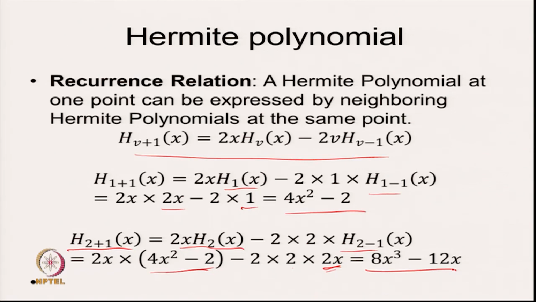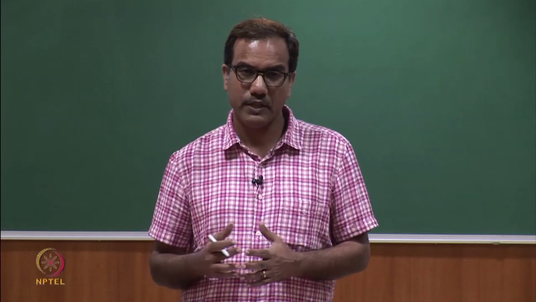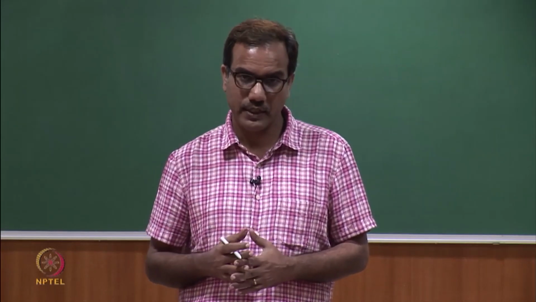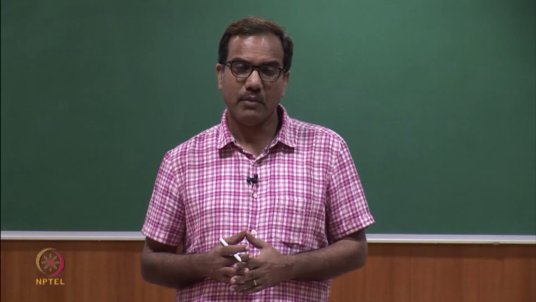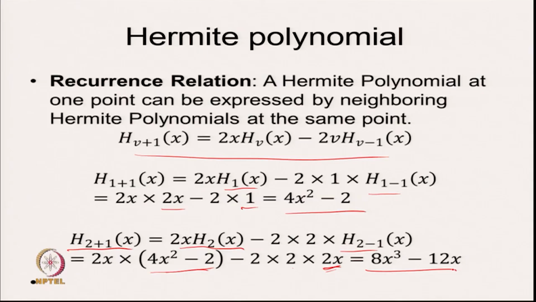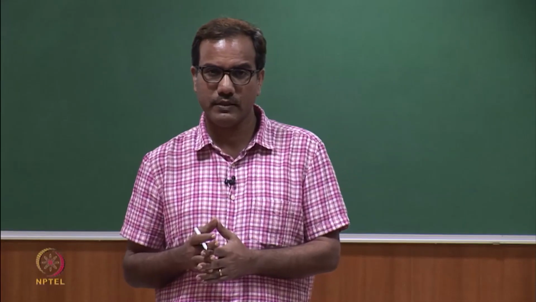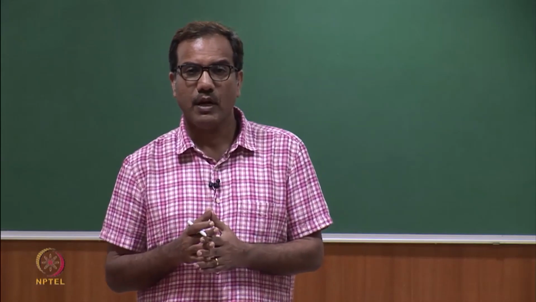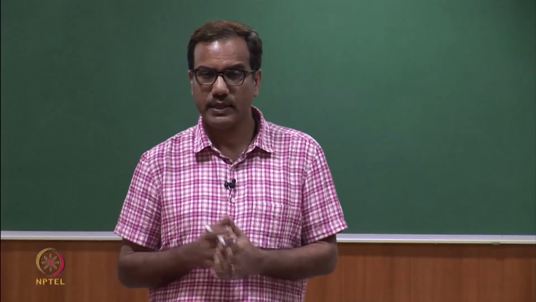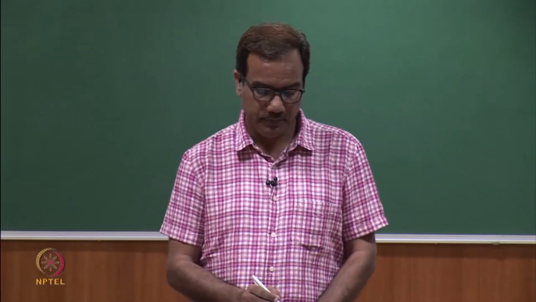This polynomial has some very important features which we need to keep in mind. By solving the differential equation coming out of the Schrodinger equation, we can calculate the wave function corresponding to a particular vibrational level and the energy for that vibrational level.